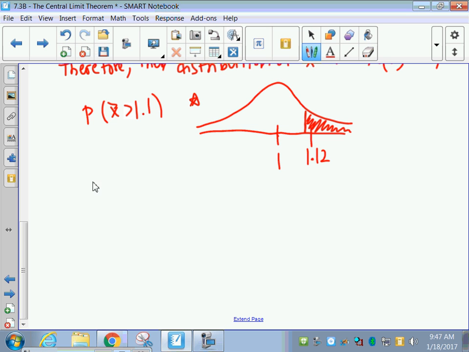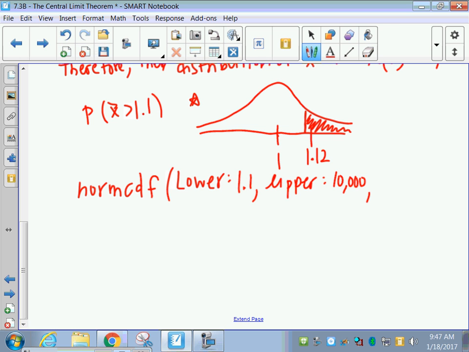Okay, and then we've got our normal calculations. Okay, so lower, Adem, what's our lower bound going to be? And upper, Donovan, is, we'll do 10,000 or whatever, okay? And our mean is 1, and our new standard deviation is 0.12.